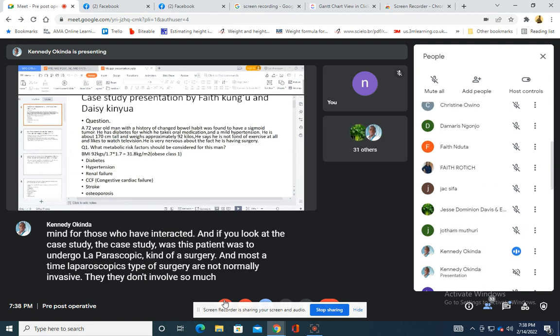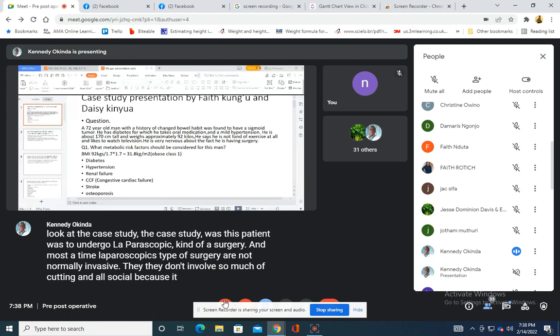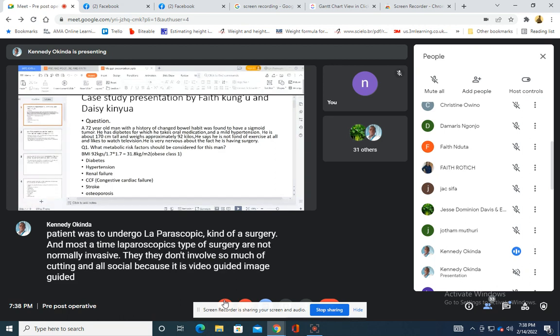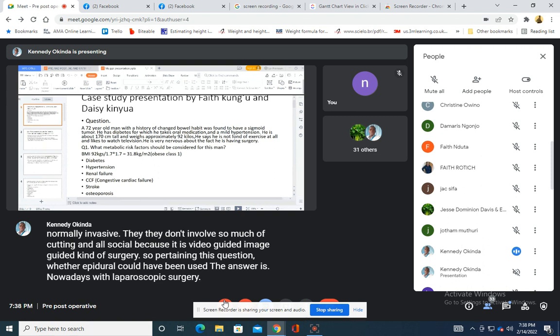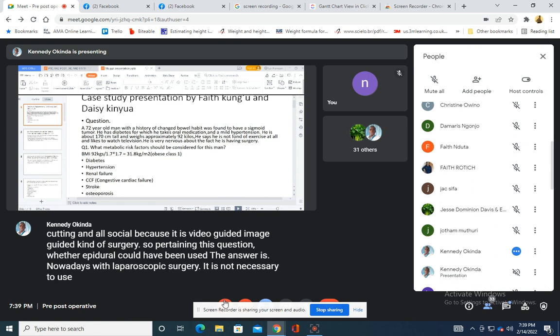They don't involve so much cutting and suturing because it is video guided, image guided surgery. So pertaining to this question, whether epidural could have been used, the answer is that nowadays with laparoscopic surgeries, it is not necessary to use epidural for these cases.